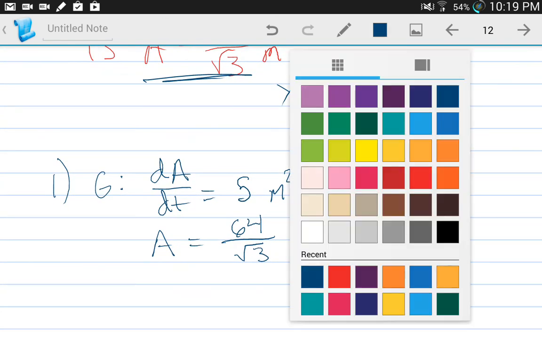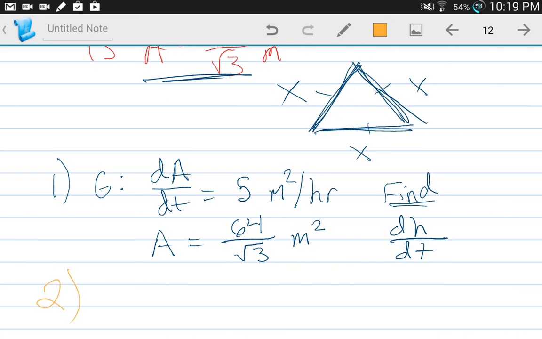Okay, step 2 is to get an equation, right? So we know we have area. We know it's a triangle. So we're originally going to say area equals base times height over 2.